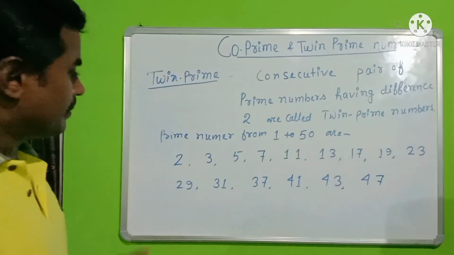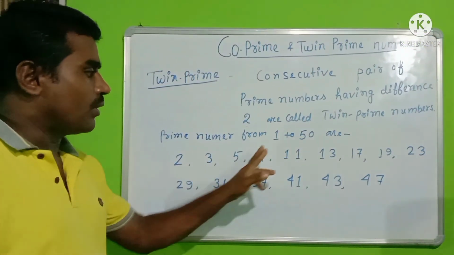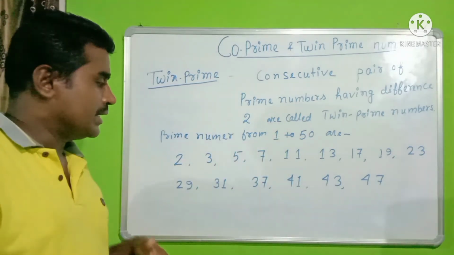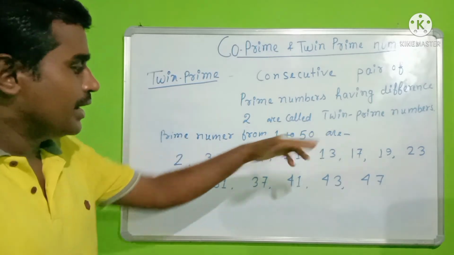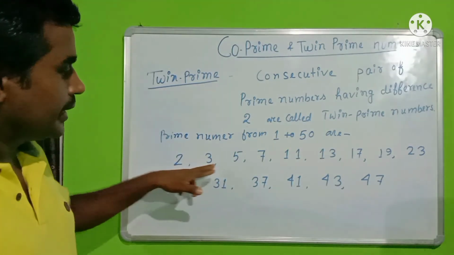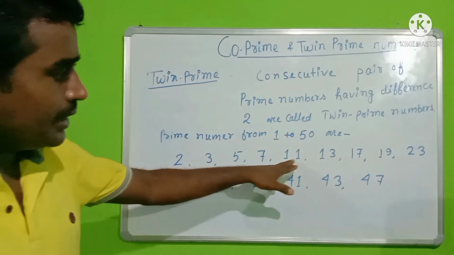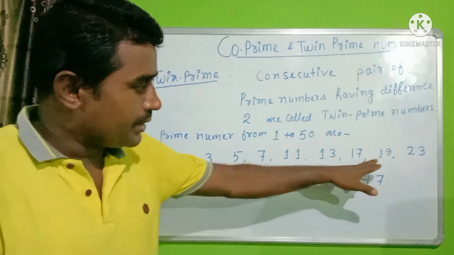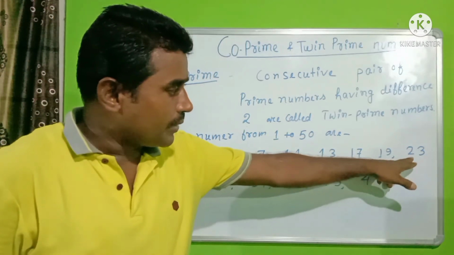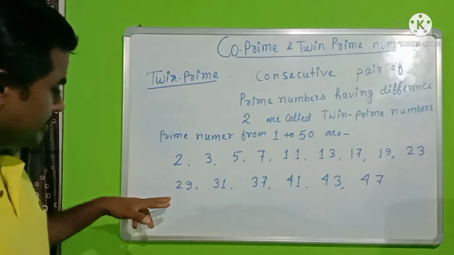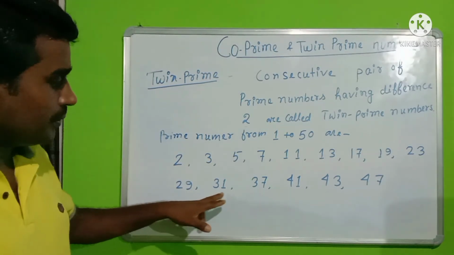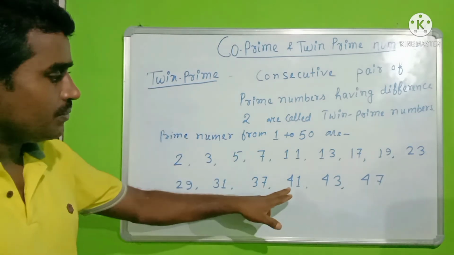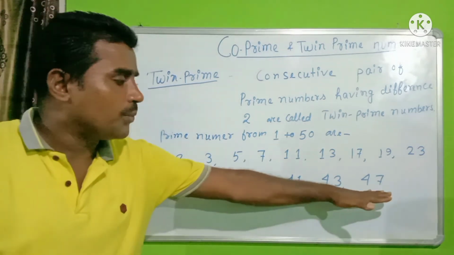The prime numbers from 1 to 50 are 2, 3, 5, 7, 11, 13, 17, 19, 23, 29, 31, 37, 41, 43, 47.